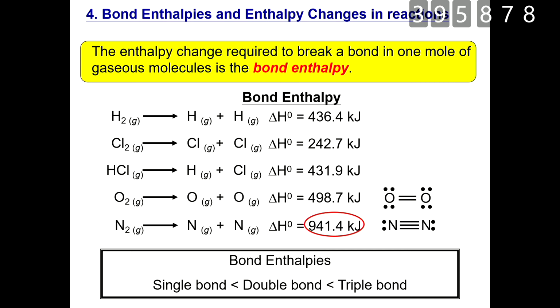So basically, a single bond is less than a double bond, which is also less than a triple bond.